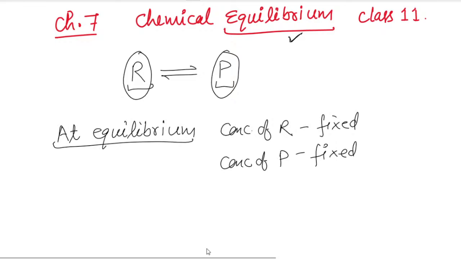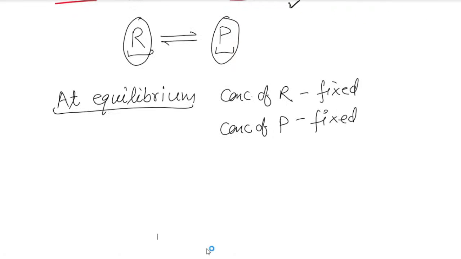Okay. So at equilibrium state, both forward and backward reactions move with equal speed. Means it is like this. See, if we have say rate versus time, rate versus time.